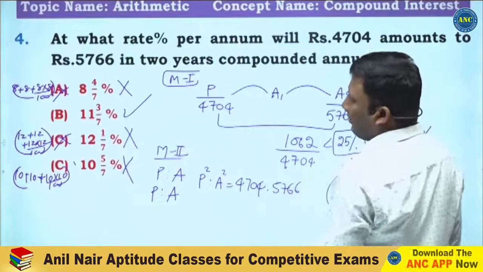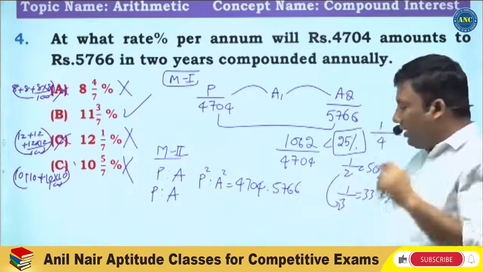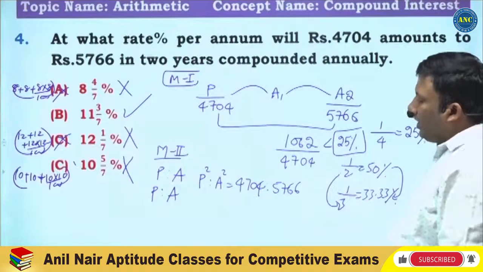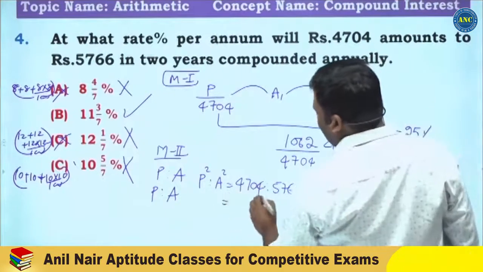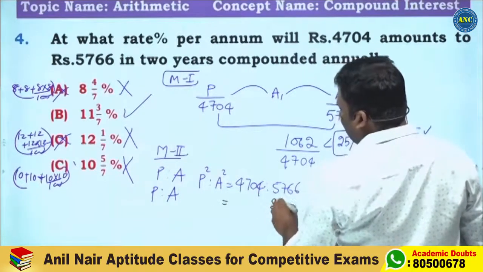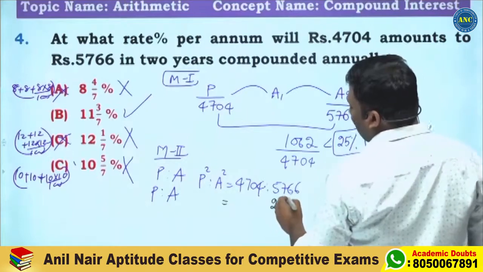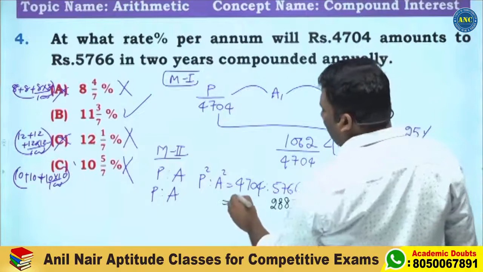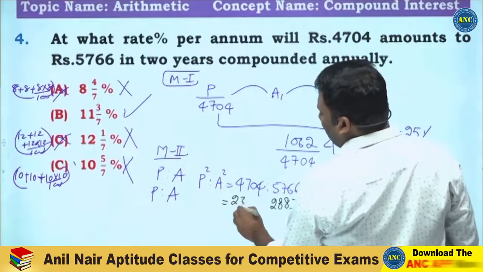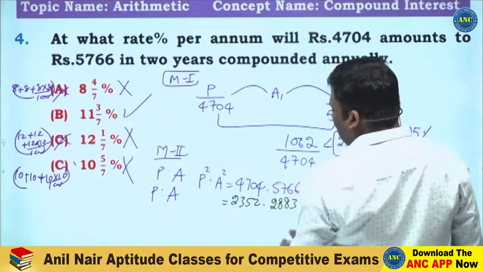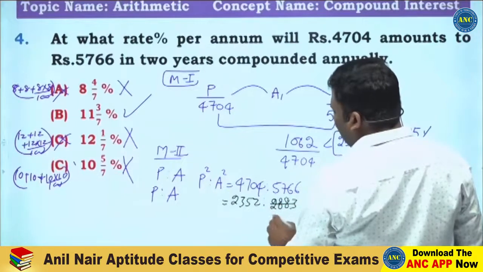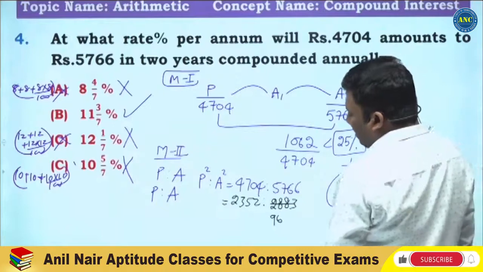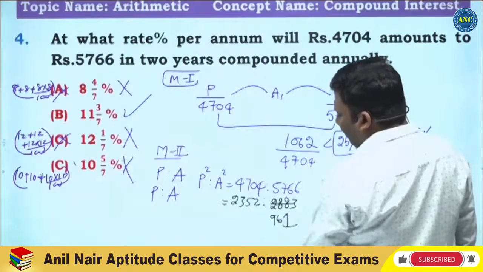5766. Now see here. Square, right? So let us see. This will become 2 8s are 16, 56, 16. 2 2s are 4, 2 3s are 5, 2 is 2. 16, 21, 3 9s are 27, 3 1s are 3.